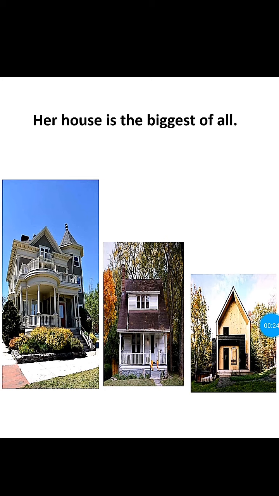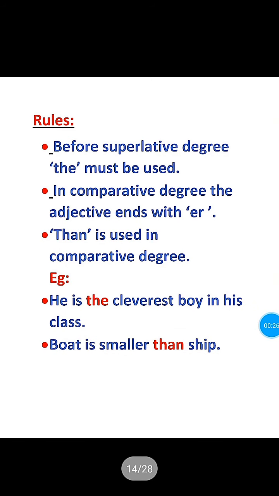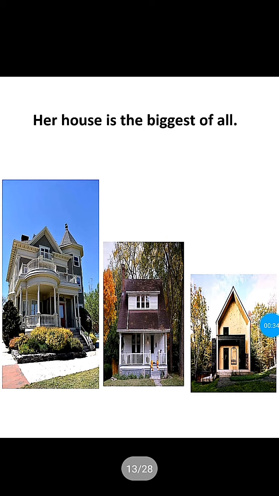Now let us see rules. Before superlative degree, the must be used. Here in this sentence, biggest is the superlative degree. Before this superlative degree, we have to use the: the biggest, the strongest, the tallest, the largest, the thickest, like that. Definitely it is a rule that we have to use the before the superlative degree.